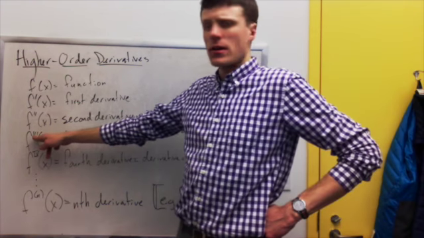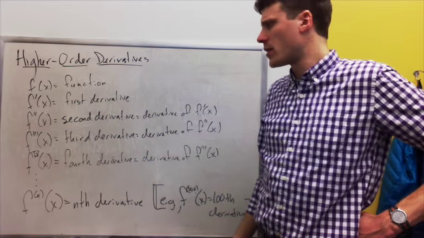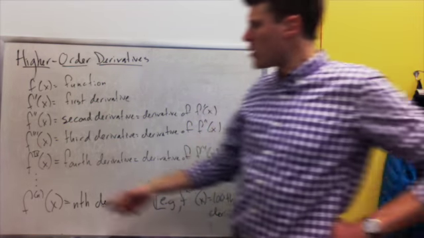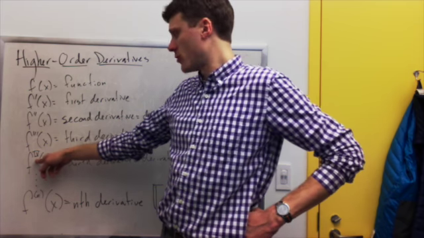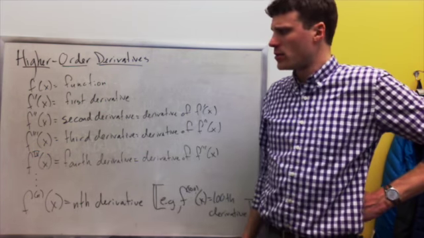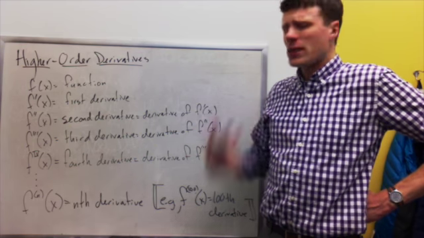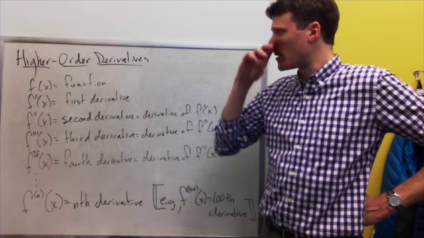Eventually, you run out of primes, or I'm not going to write 10 primes in a row to talk about the 10th derivative. So one thing we often do is we will jump into Roman numerals. So the fourth derivative I'm writing as f with an IV up there to mean 4, and that's pretty good for small derivatives.